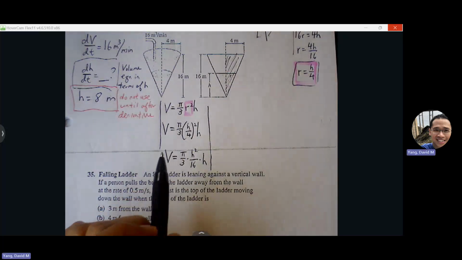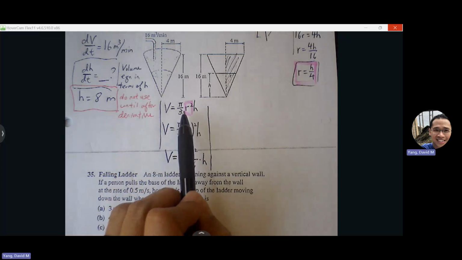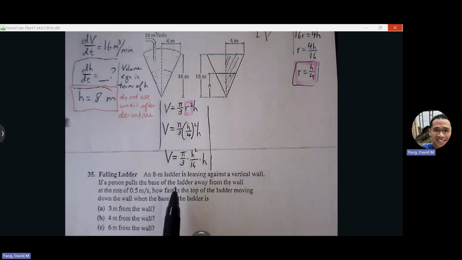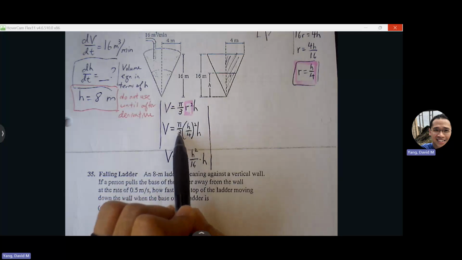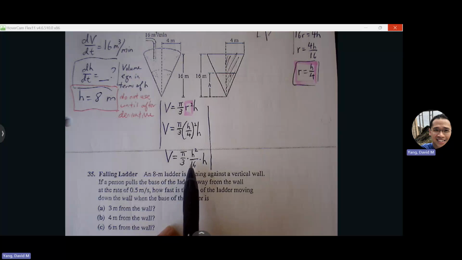Sometimes students struggle with the fact that they just want to do the derivative and they start producing dR dt, dH dt when the algebra steps are not set up yet. So make sure that after you make your substitution you're still doing a lot of cleanup. There's quite a few things you have to do before you do the derivative.